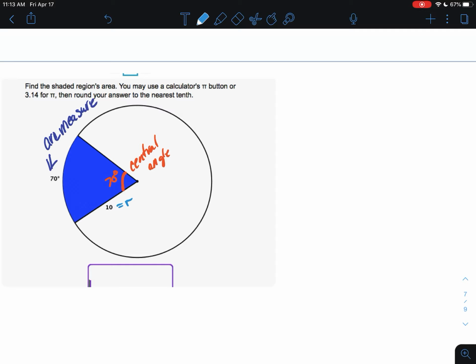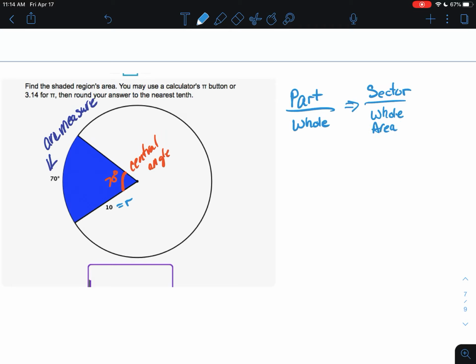So to find a part of the circle, we need to recognize that a part to a whole circle is a proportional relationship. So if we think about it as a part to a whole, as we would with any proportion, our part is the shaded blue region, which is our sector, to the whole circle, and that's the area.